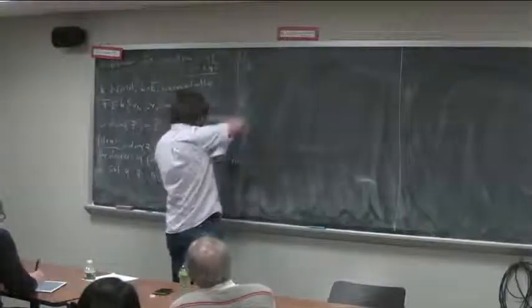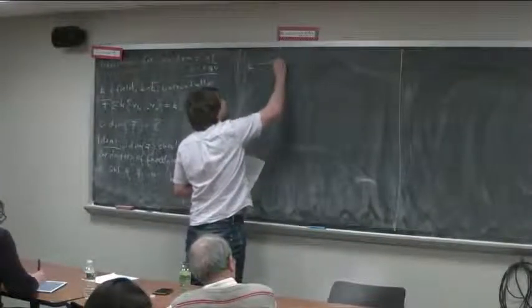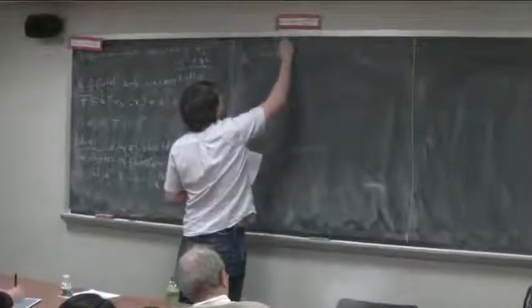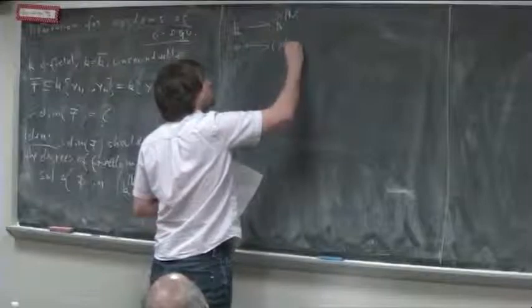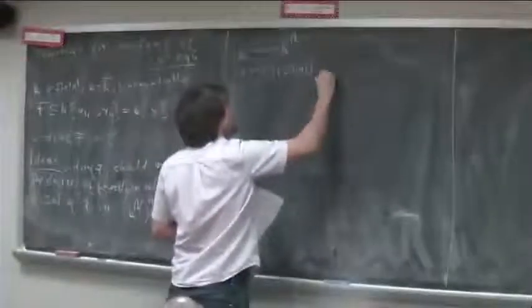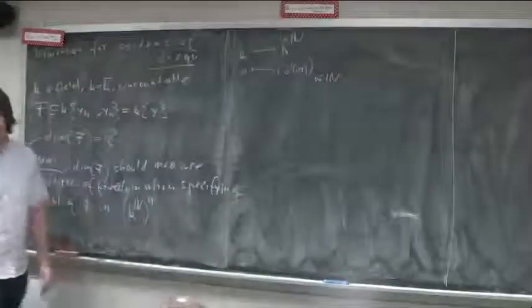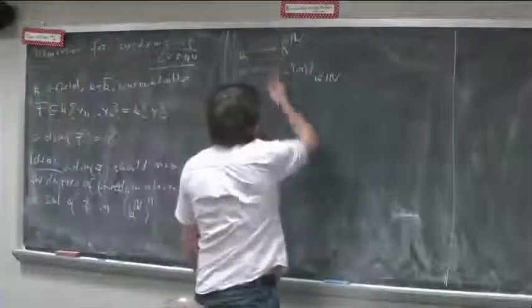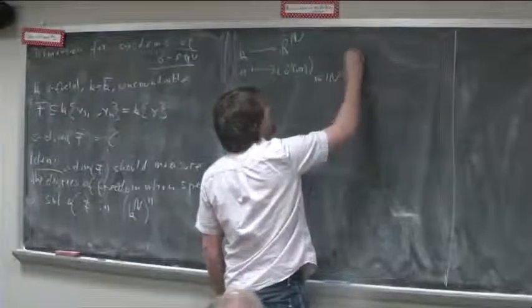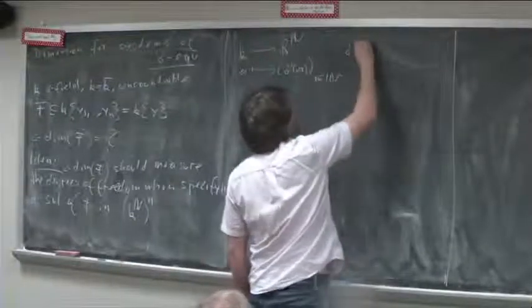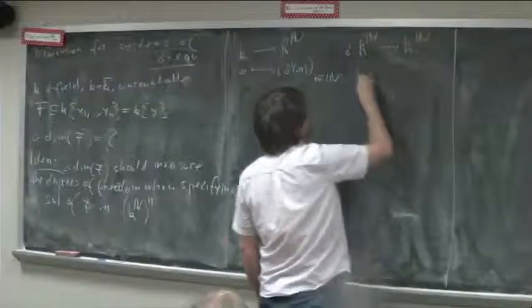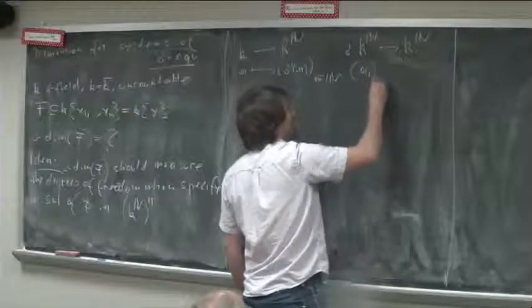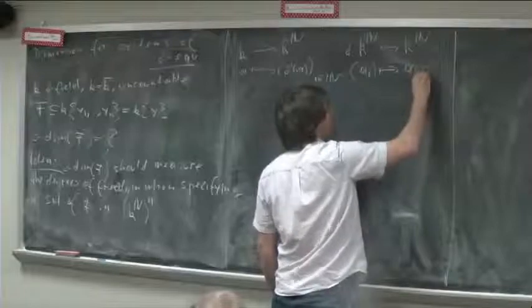This is just by looking at this map. An element in A gets sent to the sequence sigma to the i applied to a, i in N. This is a morphism of difference rings, where the difference structure on the ring of sequences is given by the shift: the sequence a_i, you shift one step to the left.